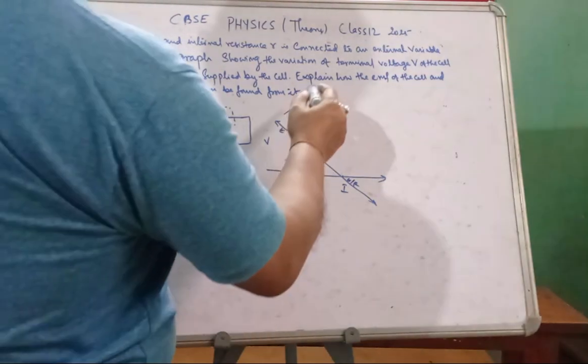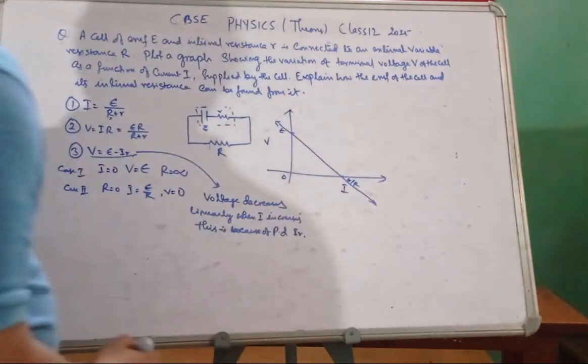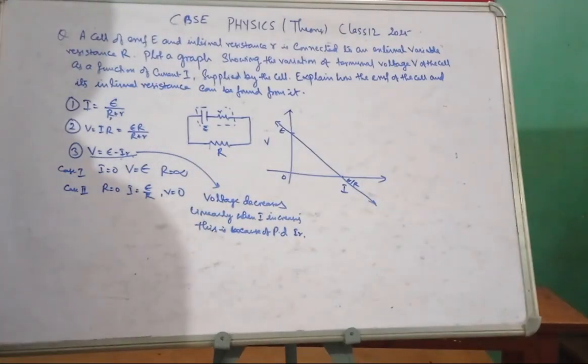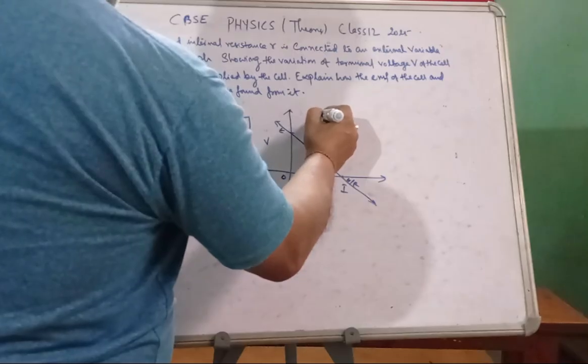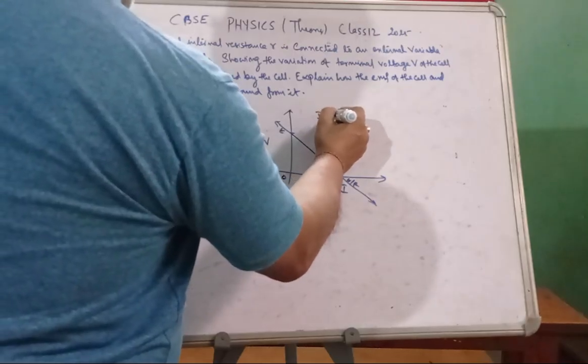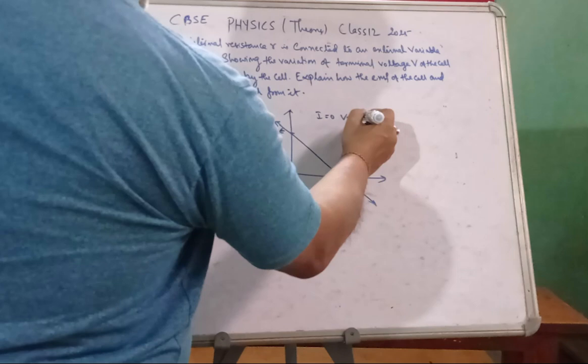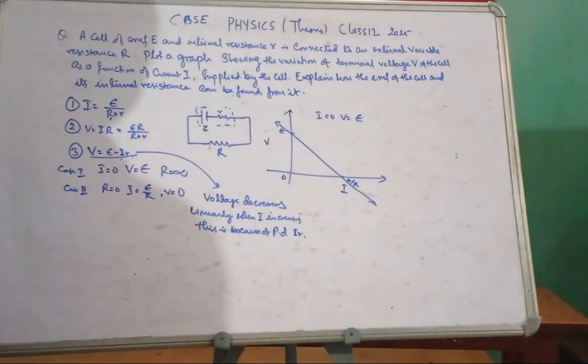Now you have to find how the EMF of the cell and its internal resistance can be found. So the EMF: when I is equal to 0, V is equal to epsilon, that is the EMF.